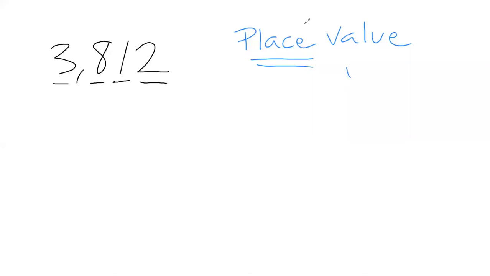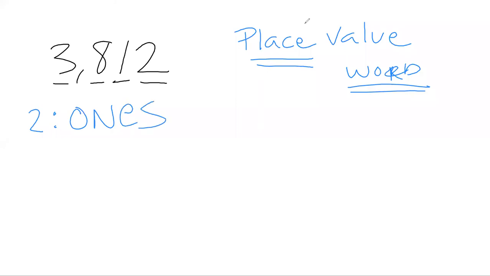The location, the word that goes with this digit. So for example, the digit 2, well, where is it located? It's located in the ones place. So there's my answer right there. Ones. That's the place value, right? Okay, well, what if we looked at the digit 1? Well, the digit 1, as you can see, is located in the tens place.